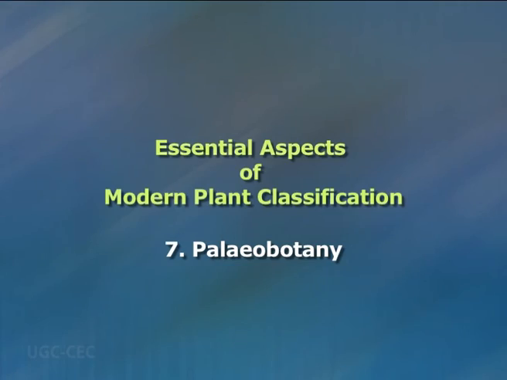Seventh is Palaeobotany. Information regarding the correct evolutionary history of present day plants is gathered from the fossil records, or Palaeobotany. Any theory of evolution of plants is incomplete without palaeobotanic evidences.